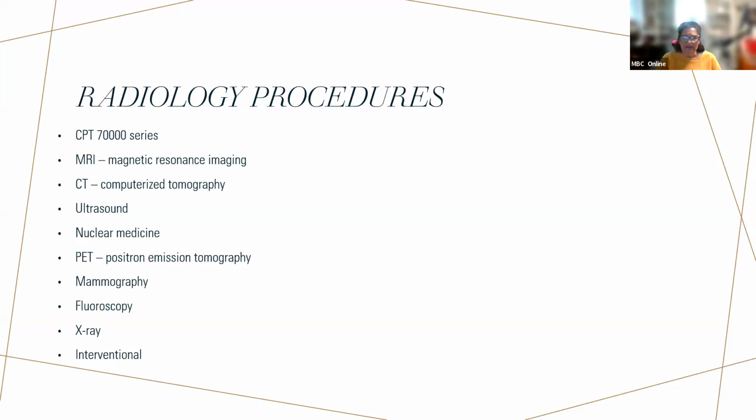An ultrasound, nuclear medicine, PET, which is positron emission tomography, mammography, fluoroscopy, X-ray, and then interventional procedures. So there's a lot that goes into radiology, not just X-rays. That's what we think of when we think of radiology, MRIs, those kinds of things. But there are a lot of other things that go into that.